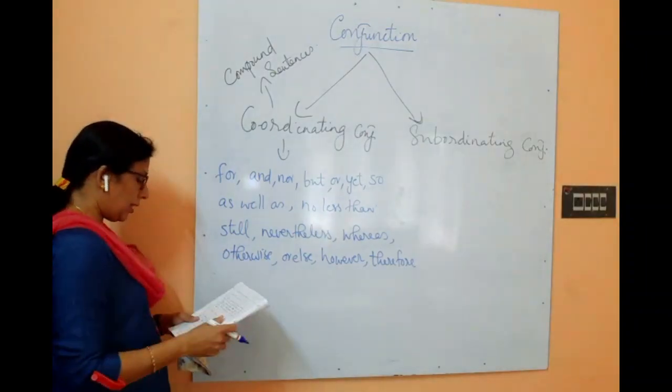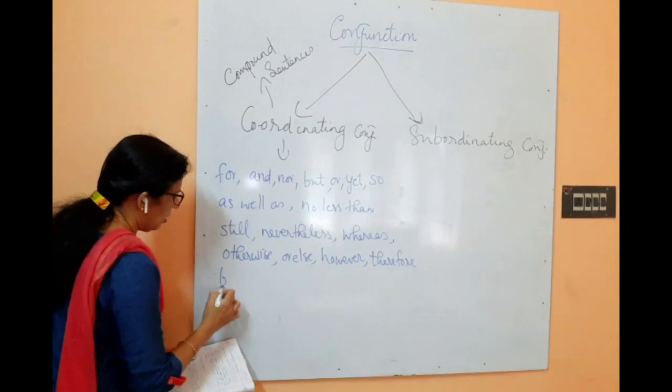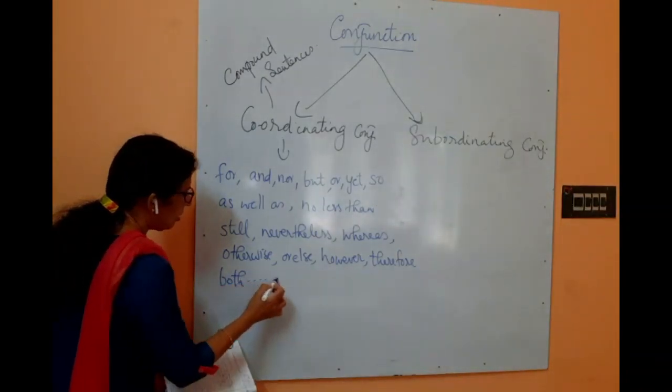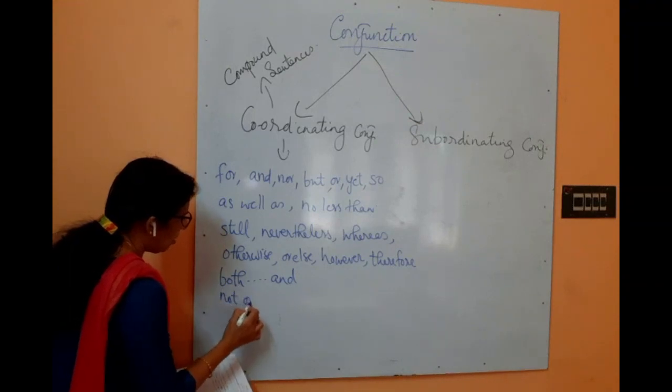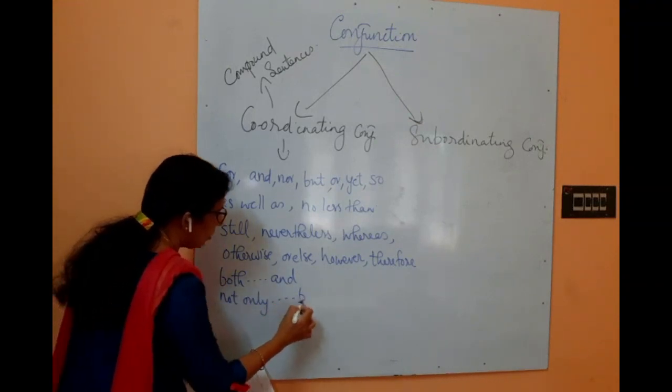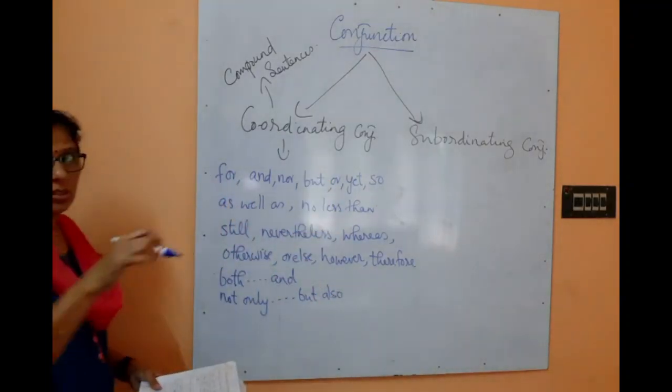Some more conjunctions come in combination: both and, not only but also, either or, neither nor. You have to write down all these sets of conjunctions in your notebook.